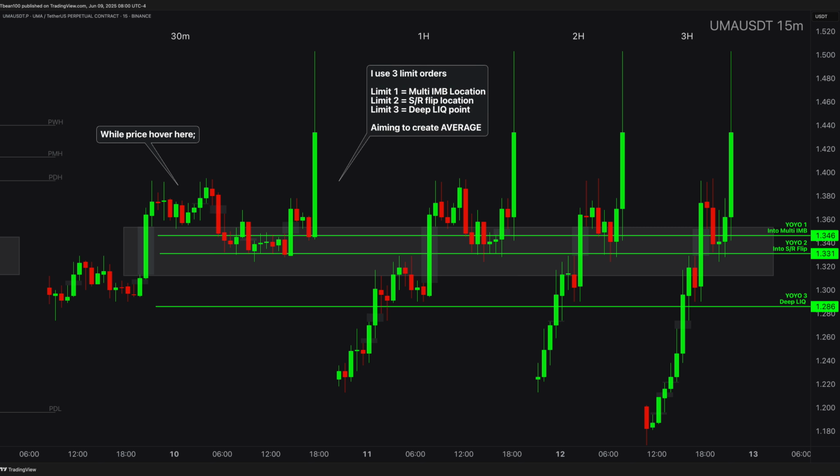So in this case, I can create an average entry with 2 or 3 orders, as you noticed. No more waiting, no more snipers, no more sleeping in front of the computer. All you do is just set your limit orders at key areas, key level zones, and leave things be.